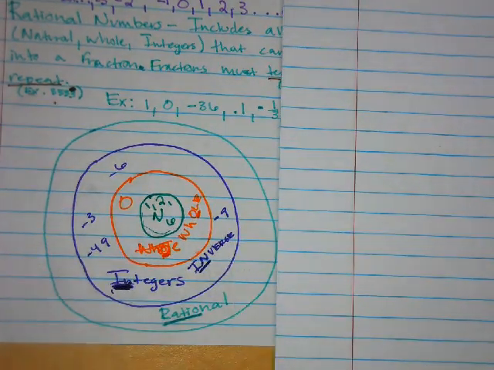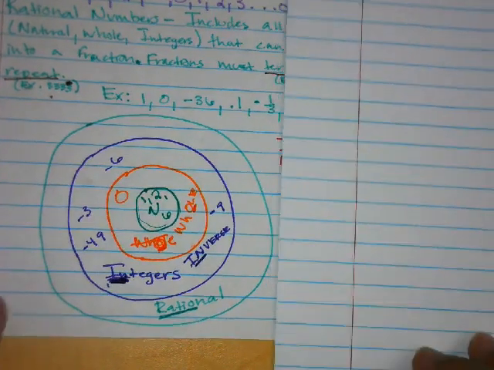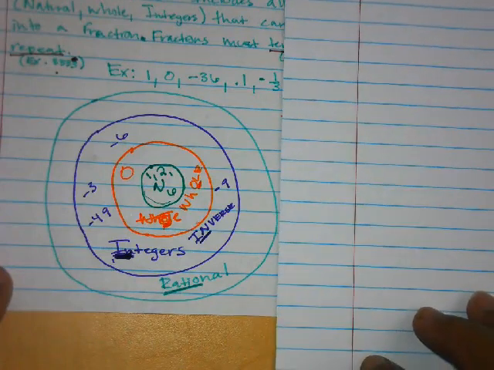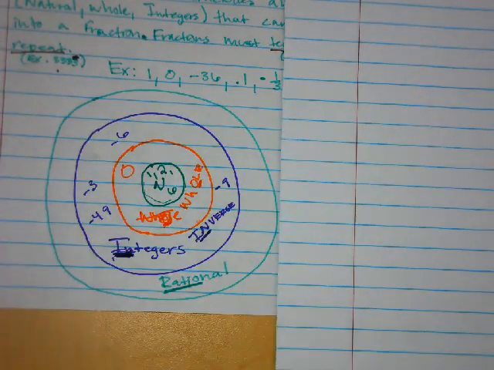Those are negative numbers. And then last but not least, at the bottom, we have rational numbers, and that's your last circle. Rational numbers are any numbers that can be made into a fraction. Again, this fraction must repeat or it must terminate. If they don't repeat or they don't terminate, it's not a rational number.